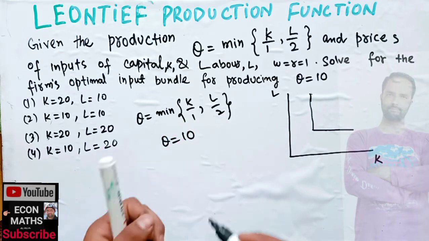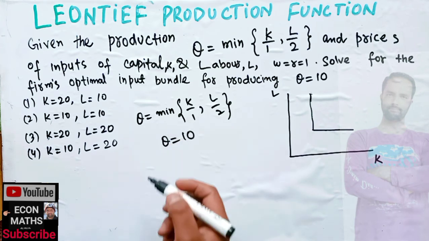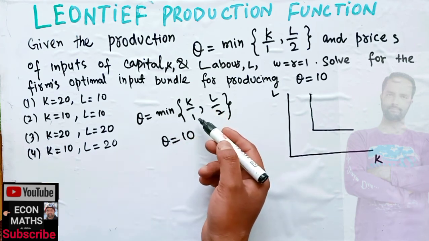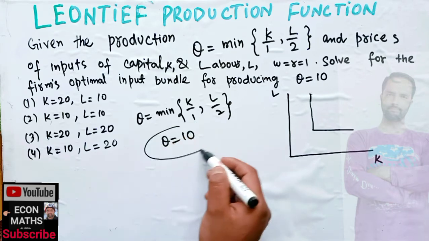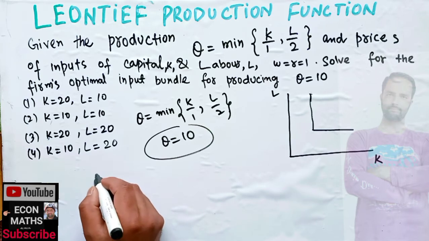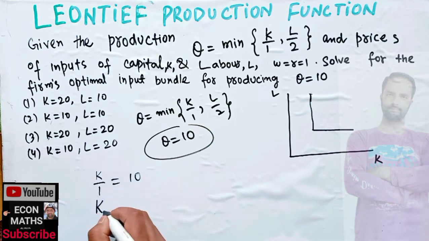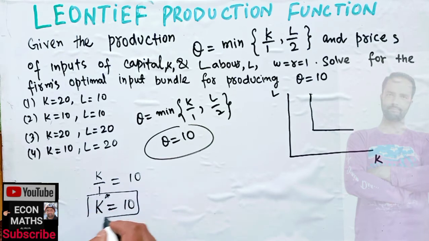To find the optimal input bundle, we just equate whatever is in the brackets with this Q is equal to 10. That means K upon 1 should be equal to 10, so K is equal to 10. That means the optimal input of capital needed to produce 10 units of Q is 10.